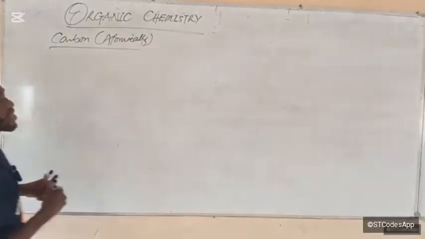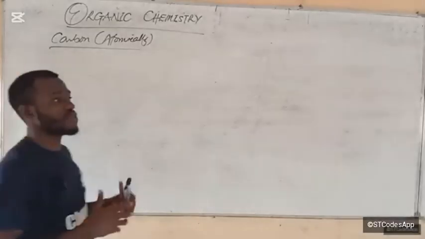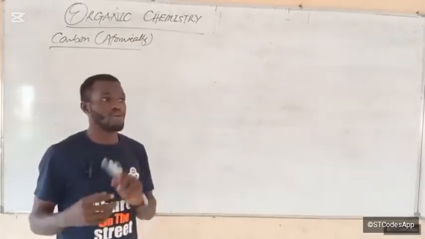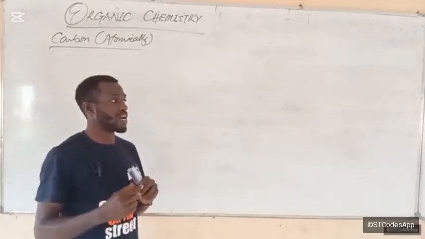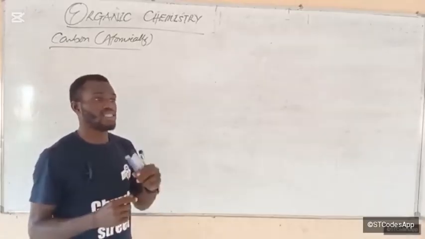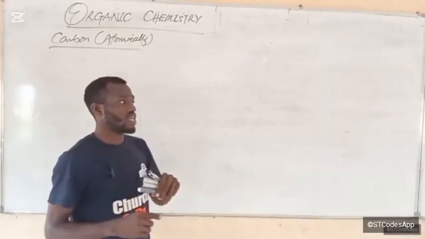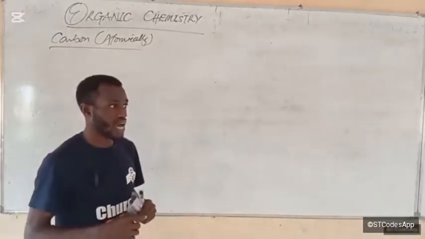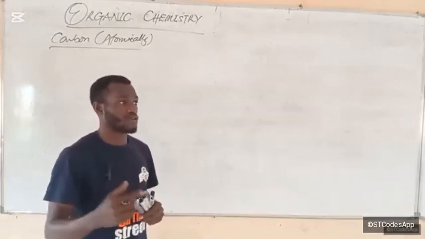Okay, now that said, we know that the number of protons is equal to the number of electrons, and a chemical reaction occurs when there is either a sharing or a donation of an electron.